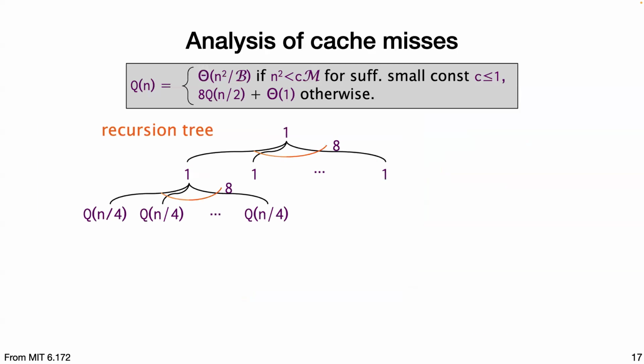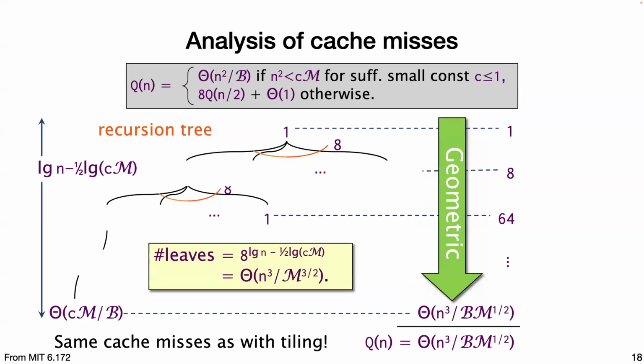But here we are getting a factor of B in the bottom and also root M. Yes, exactly, this applies to any setting of n. I guess if n is sufficiently small, this would just become n squared over B, if the whole thing fits in the cache initially. But for n sufficiently large, this bound would apply.